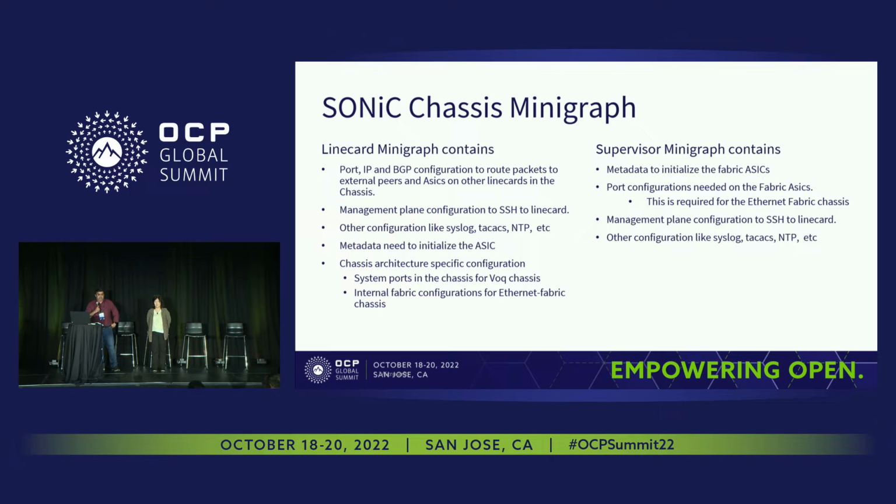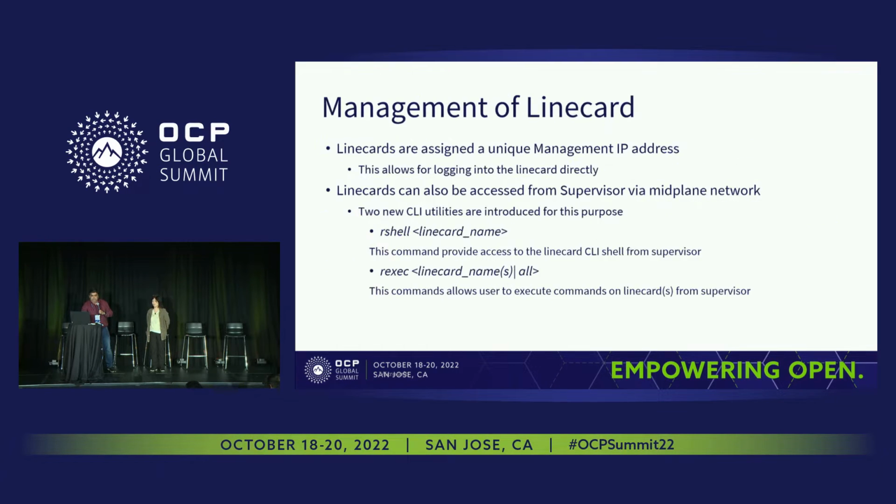For the Ethernet fabric chassis, since the fabric itself has configuration, there will be port channels and IP interfaces, and all that information is carried in the line card minigraph. On the supervisor, we'll have a subset of the configuration, like management planes and configuration needed to initialize the fabric ASIC, and syslog, NTP, and other utility configurations which are required.